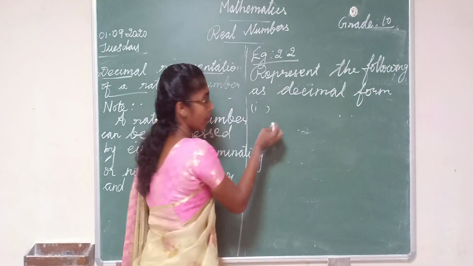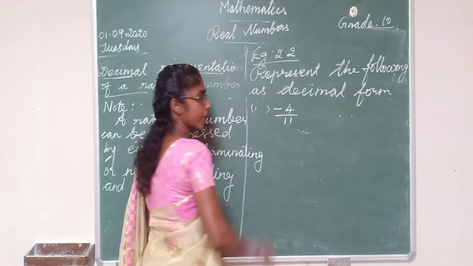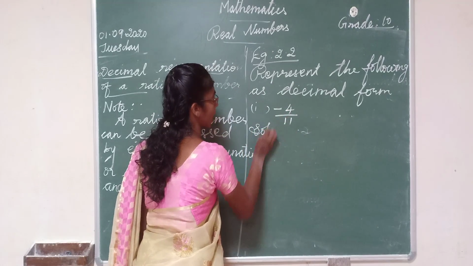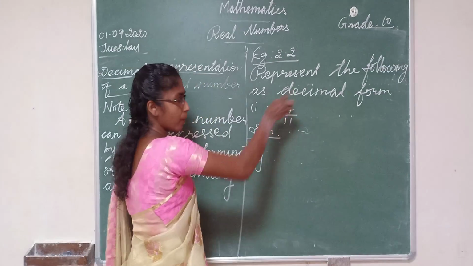First question, minus 4 by 11. Minus 4 by 11, we have to write in the form of decimal.